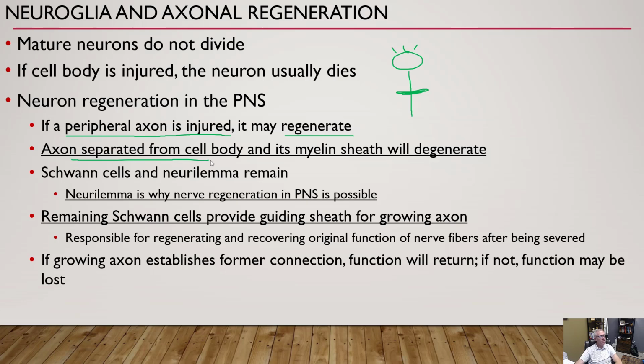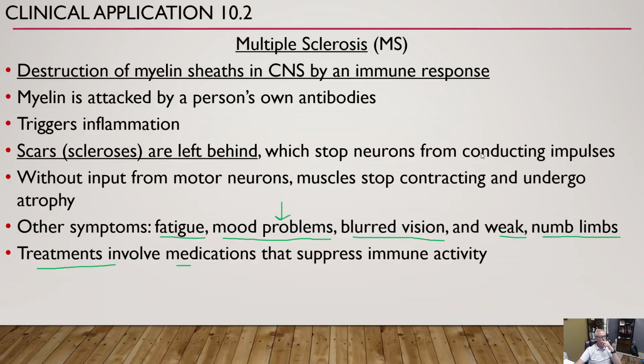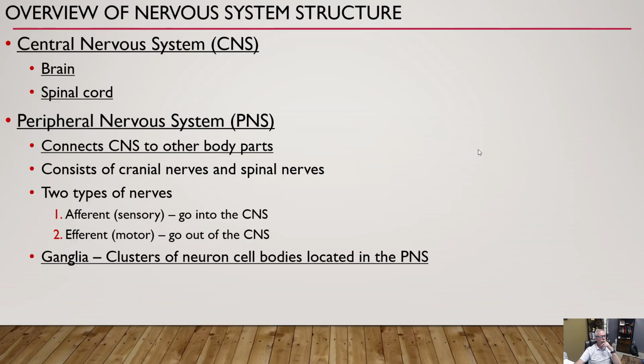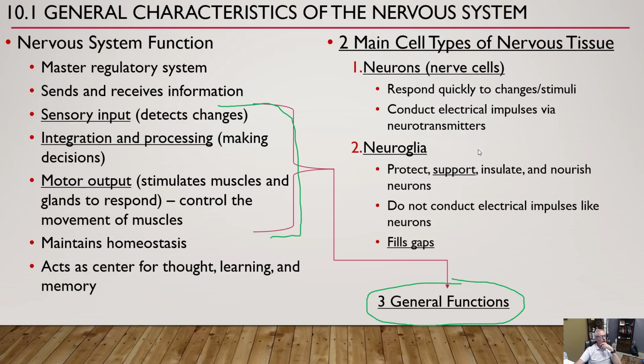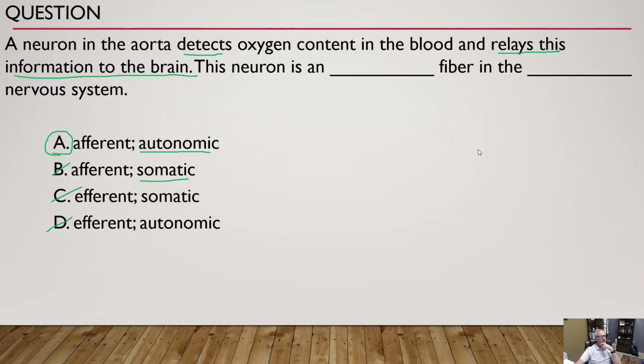Now, that axon and that myelin sheath will degenerate, but those Schwann cells and that neurolemma will remain. Now, we didn't talk about the neurolemma, so let's go all the way back to the beginning. Let's find that slide.